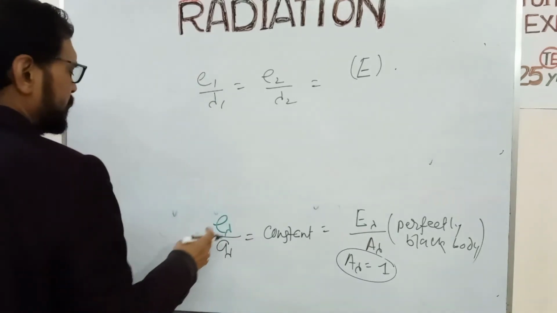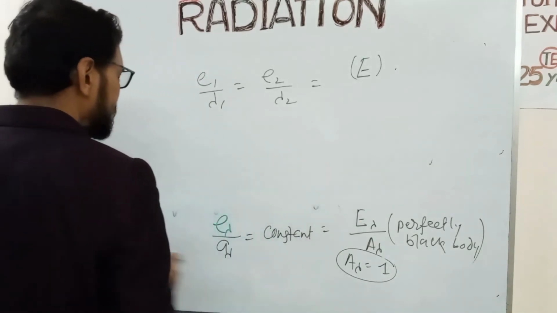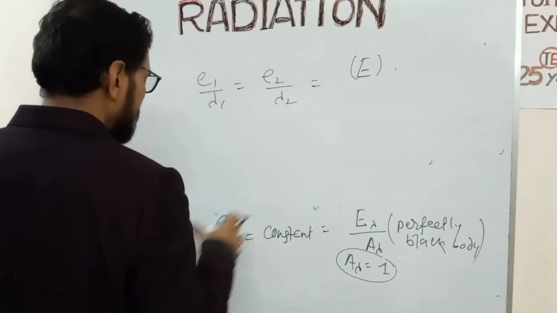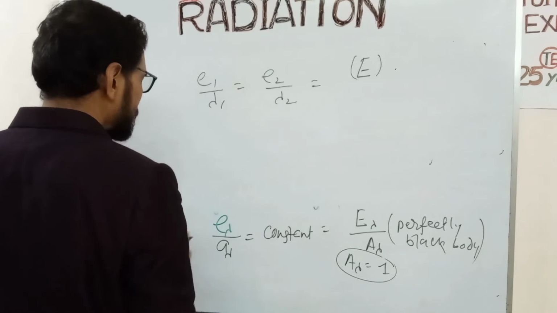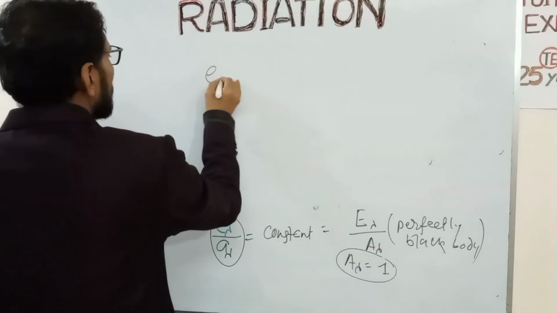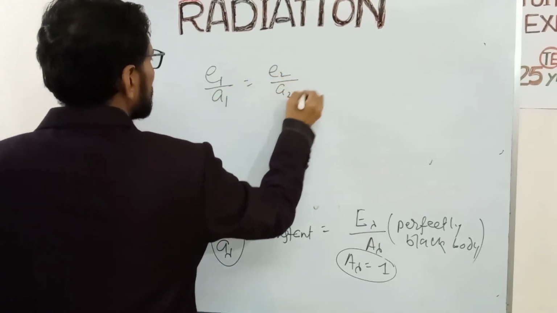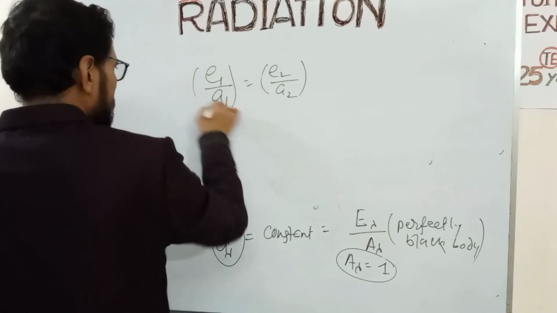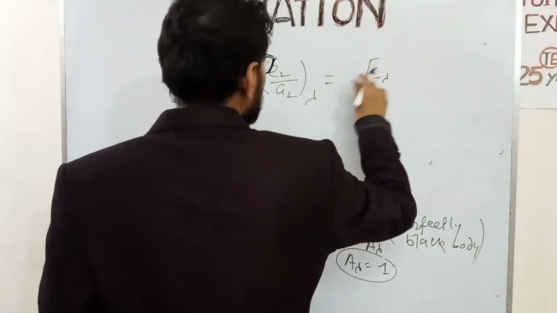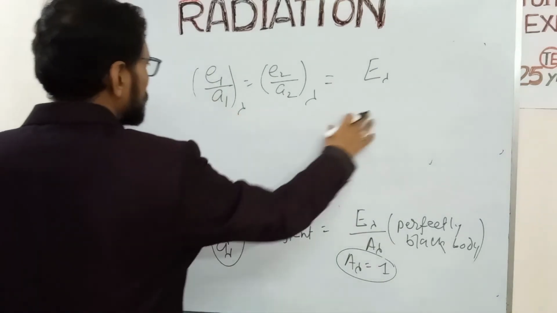Emissive power means how much energy a body radiates per second per unit area, and A lambda is the absorbed part, that is the energy absorbed. For a particular wavelength, this ratio would be the same.